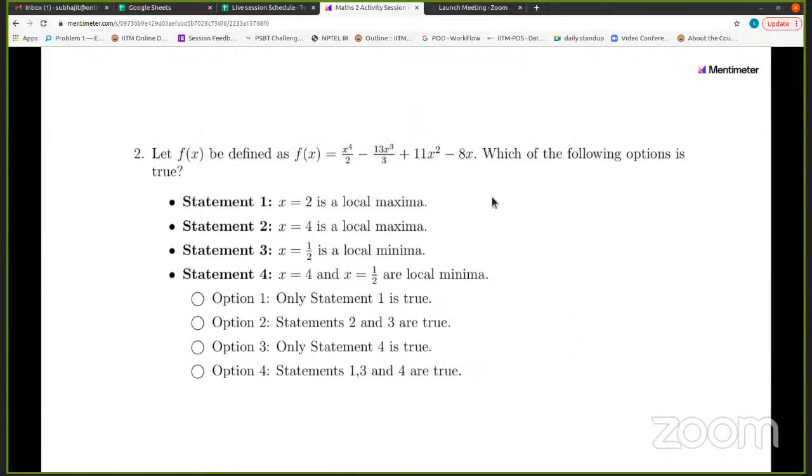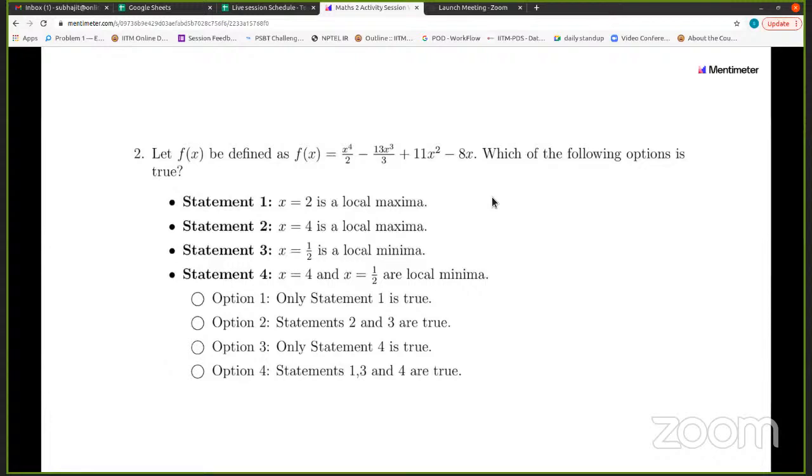So option 1 is saying only statement 1 is true, and option 2 is saying statements 2 and 3 are true. Okay, so if you remember, if c is a critical point, then if f double dash c is strictly less than 0, it is local maxima.